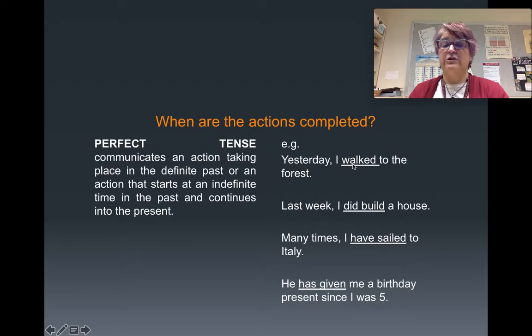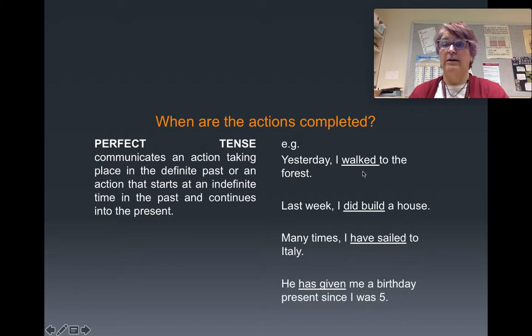Notice that the verbs in both of these are phrased walked and did build. So our understanding is this: when we want to communicate that an action was completed at a specific time in the past and then not done anymore, we use the perfect tense.